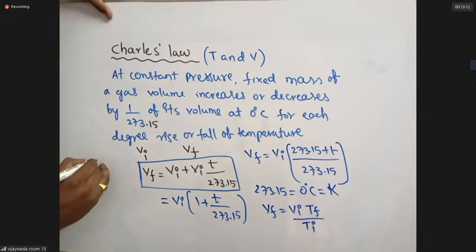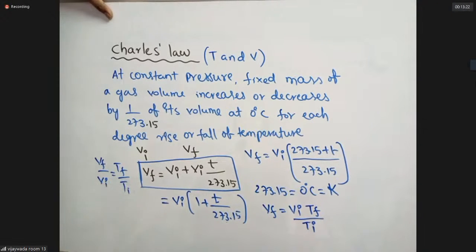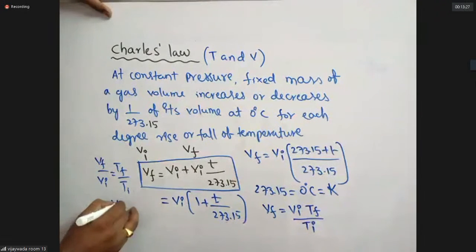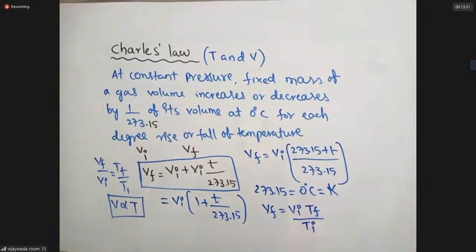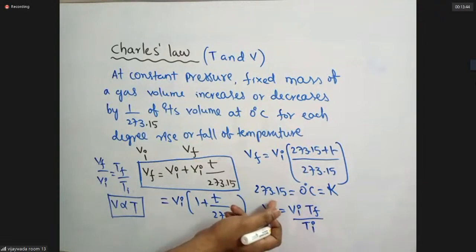So finally we can write V final by V initial equal to T final by T initial. From this equation we can say volume is directly proportional to temperature. But this temperature must be in Kelvin, because he represented this 273 as a new scale, Kelvin.